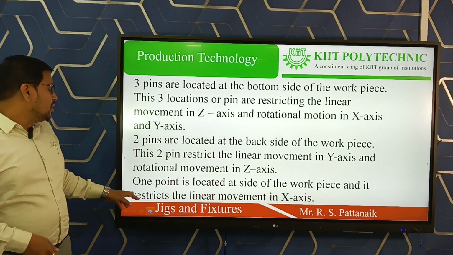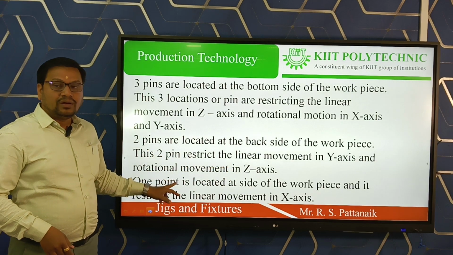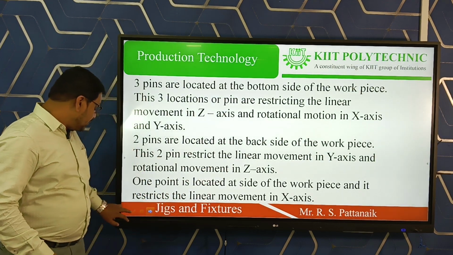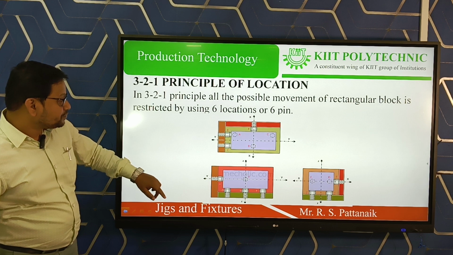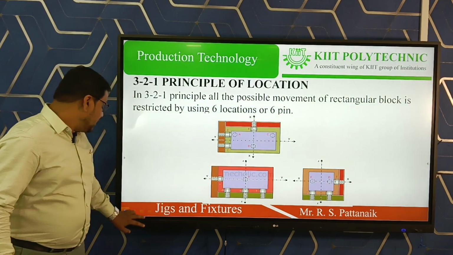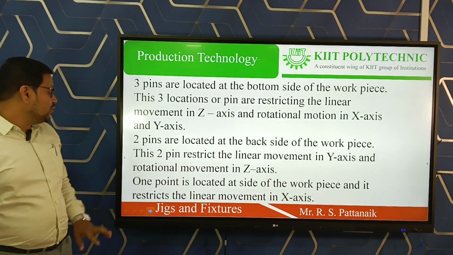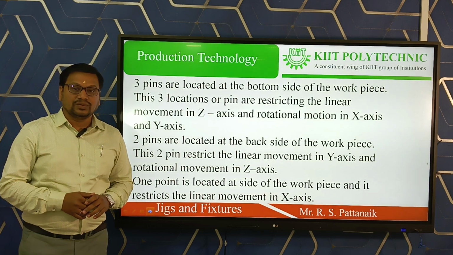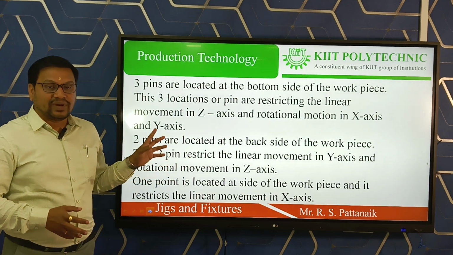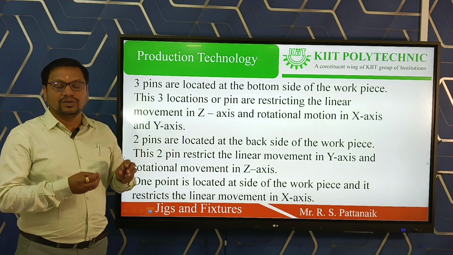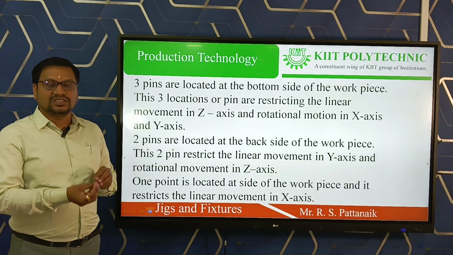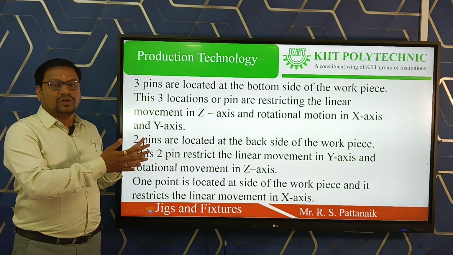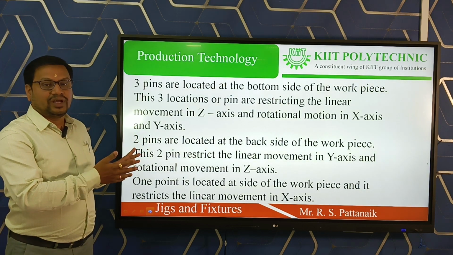Now one pin is located at the side of the workpiece, which restricts the linear movement in the x-axis. By using these 6 pins, we can restrict all the possible movements of a rectangular block.